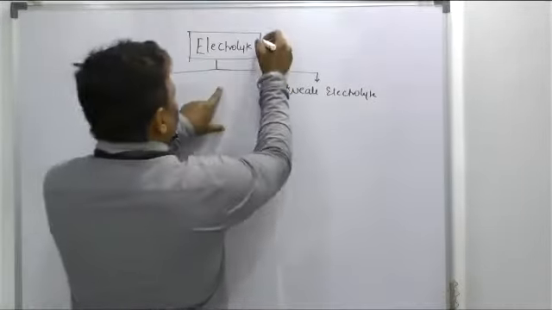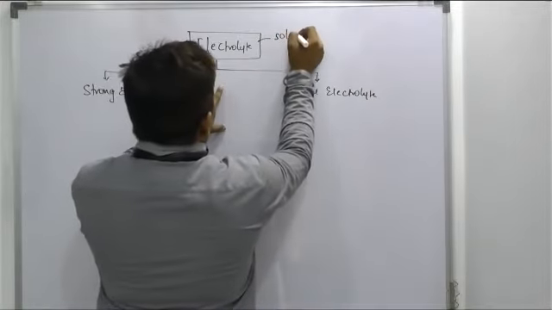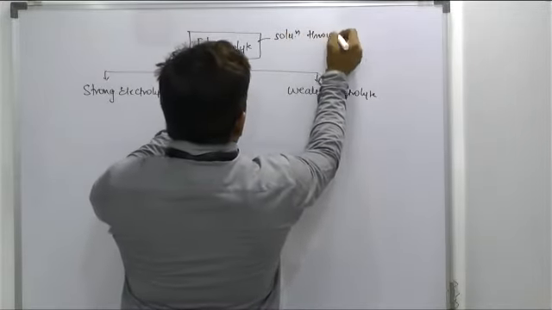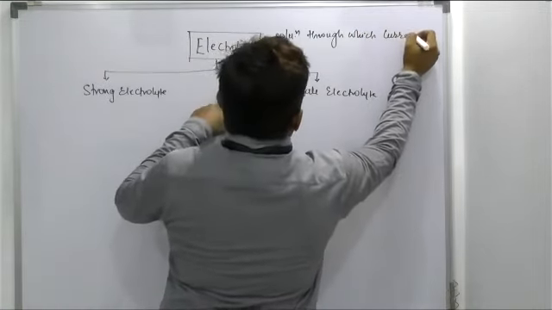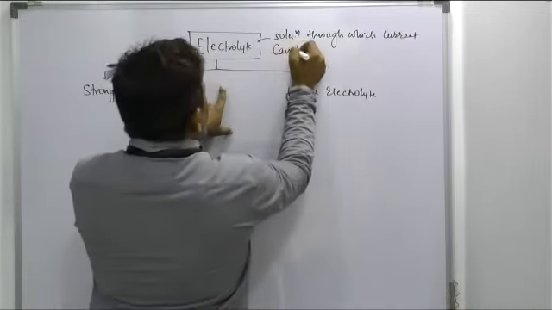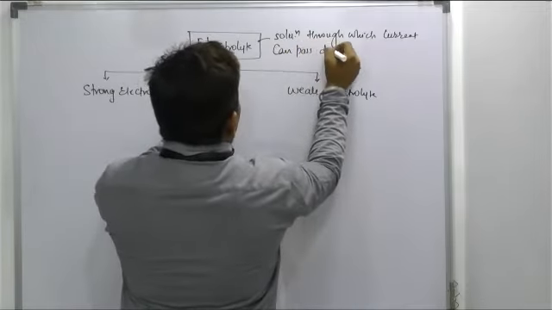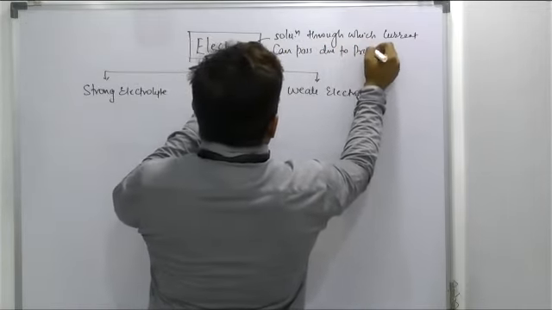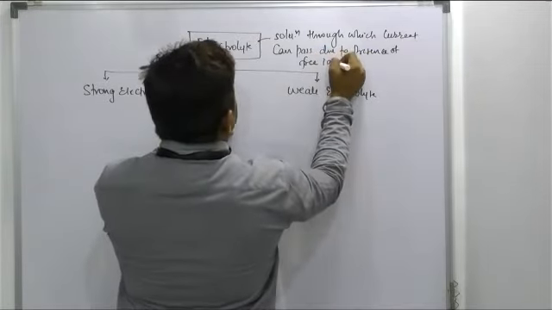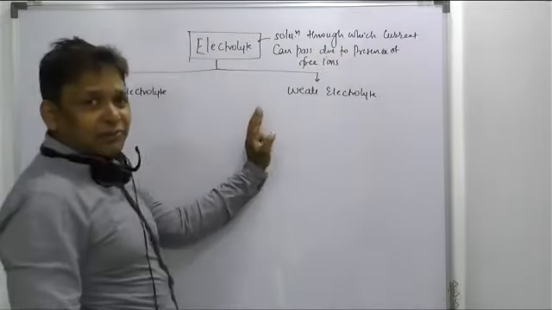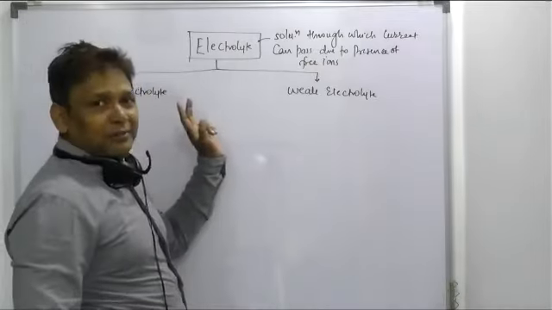Shall I write here? Sir, it is a solution through which current can pass due to presence of free ions. Due to presence of free ions, it is called an electrolyte.